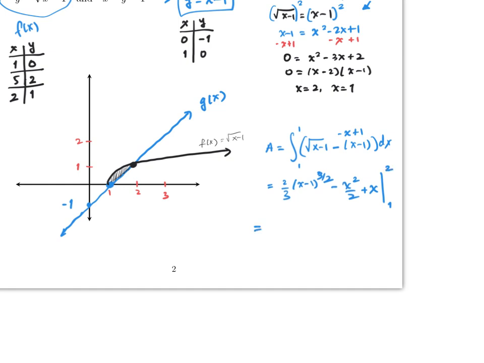Once you plug in the values, this should be 2/3 times 1 to the 3/2 minus 1 squared over 2, 2 squared over 2 plus 2, and then you subtract 1. Notice that this will give you 0 for the first one, and then the second one will give you 1/2, and the last one plus 1.